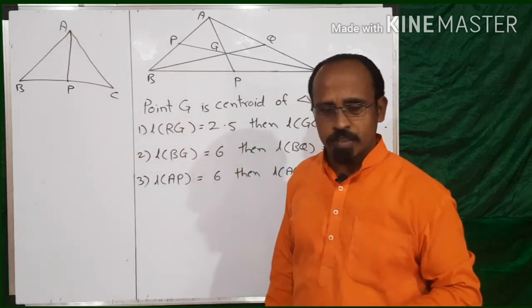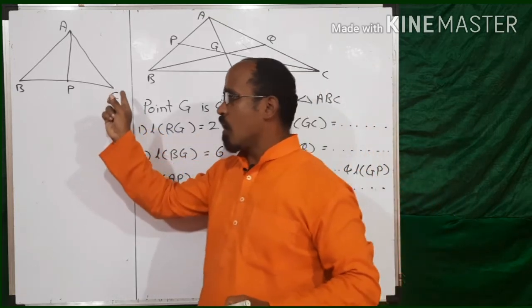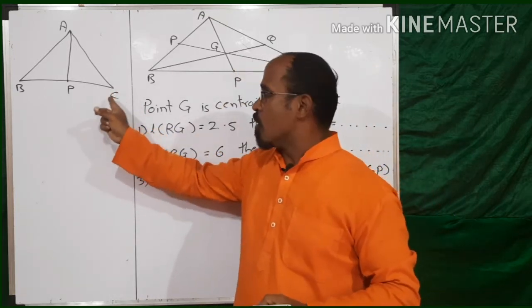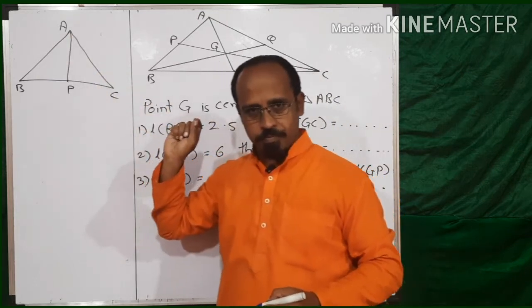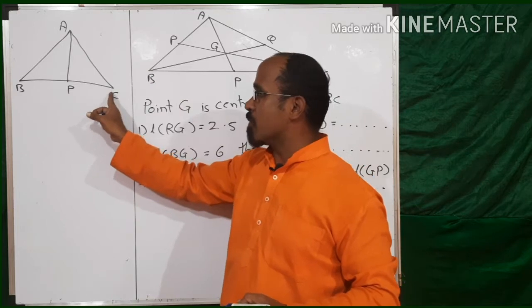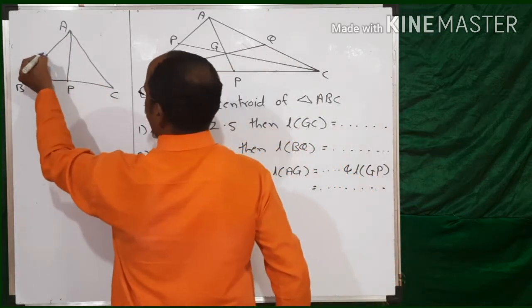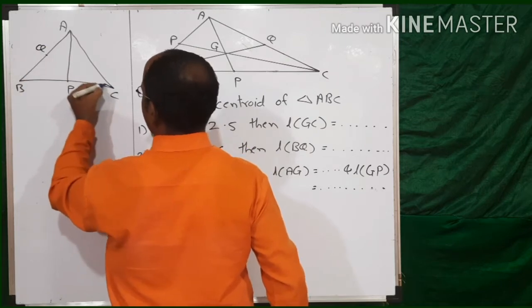median, right? Similarly, if I draw a median from C on AB, it should be a line segment from C connecting the midpoint of AB. Suppose this is point Q, the middle point of AB.